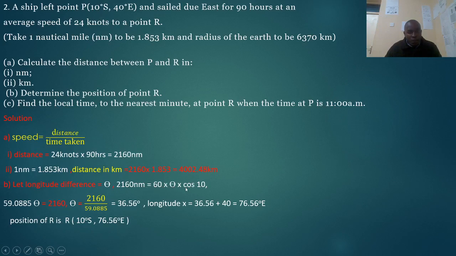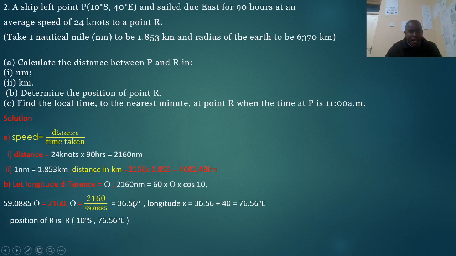So we divide by 60 times cos 10 to get theta. So we shall have theta as 2160 divided by 59 point all that, which gives you 36.56 degrees. So that is the difference.